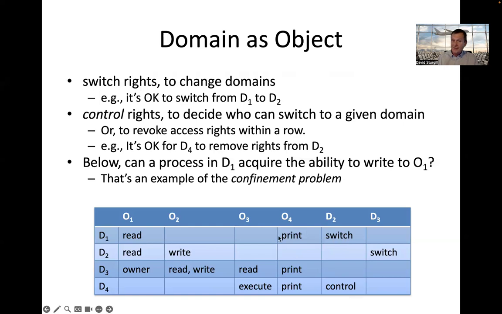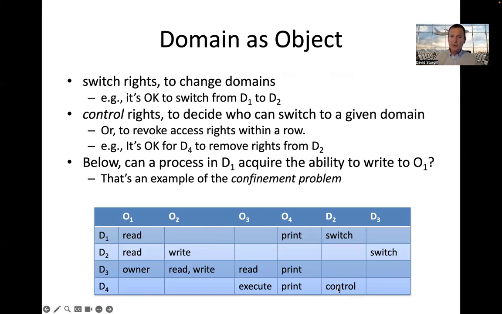So this switch access right says if you're running in domain D1, you can temporarily get the rights of domain D2. And then over here, if you're running in domain D2, you could temporarily get the access rights of domain D3 to let you do things temporarily for which you needed maybe elevated privileges.